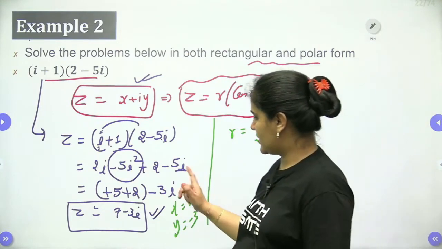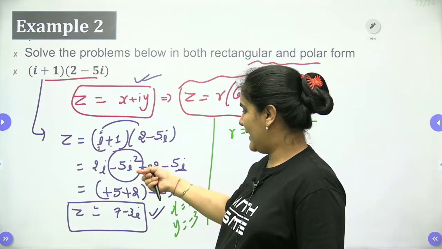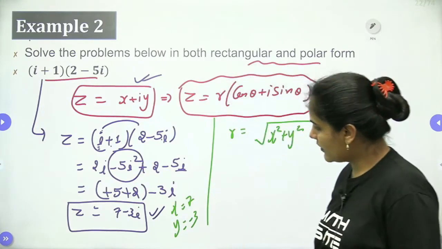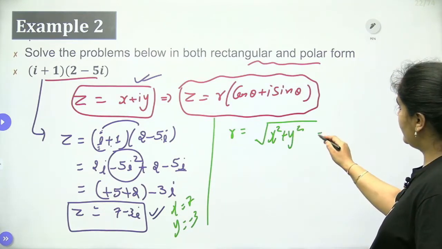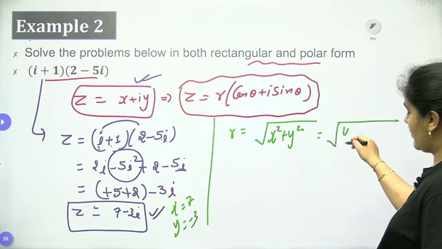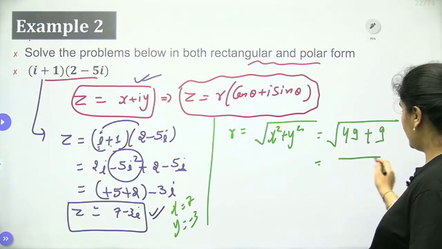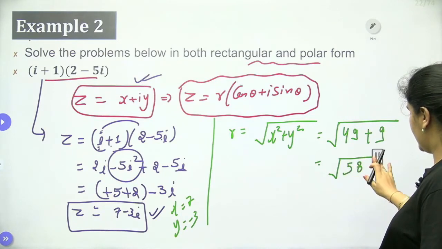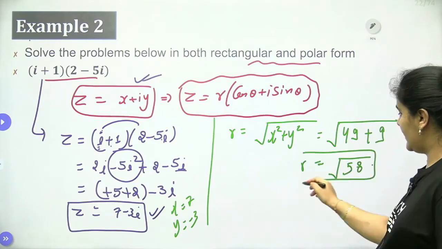Just cross check this one: minus 5 iota square, so it will be minus plus 5 plus 2, it will be 7, right? So it will be, dear students, root of 7 square, means 49 plus 9, right? That will be 58. It will be root of 58, so r is equal to root of 58.